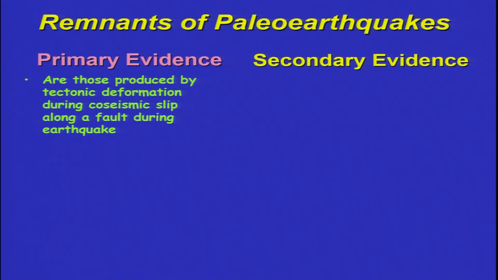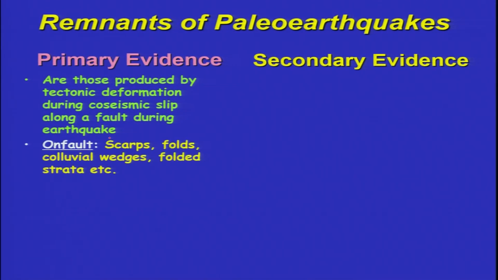Primary evidence are those produced by tectonic deformation during co-seismic slip. Co-seismic is slip along the fault at the time of deformation during an earthquake, and the features which we usually come across are the fault scarps, folds, colluvial wedges, folded strata, etc.